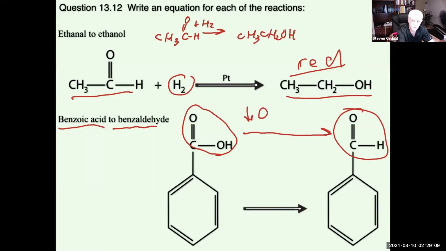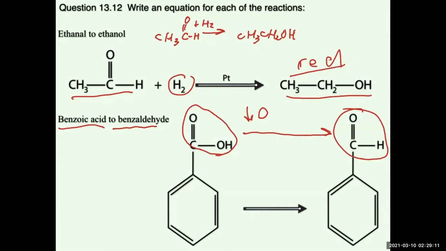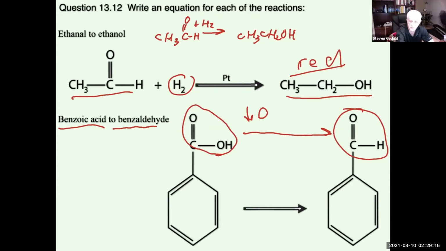You decreased the amount of oxygen, right? On the left-hand side, you have two oxygens. On the right-hand side, you only have one oxygen. So we've decreased the amount of oxygen. If you decrease the amount of oxygen, you have gone reduction. Remember the terminology. Oxidation is adding oxygen, losing hydrogen. Reduction is adding hydrogen or losing oxygen. It's just easy to look at organic chemistry and see whether the amount of oxygen has been reduced or increased, or whether hydrogen has been increased.